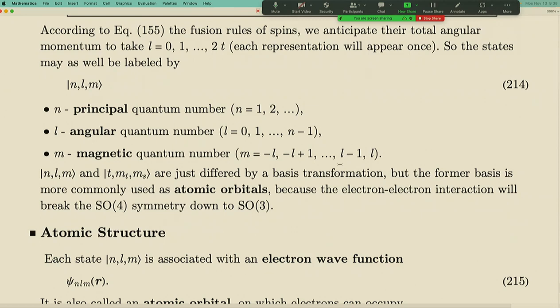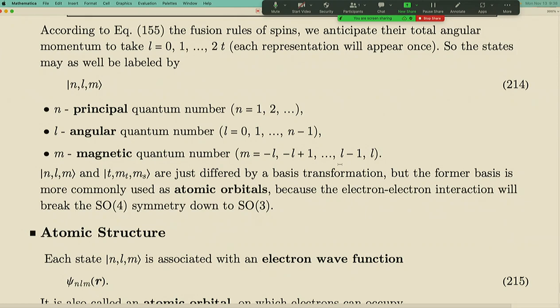Those splittings separate states with different magnetic quantum numbers. This is because even given the same angular momentum, the electron can still orbit around different directions, right? So if you set up a magnetic field, then certain orbiting directions will have a lower energy. For example, if your orbiting direction is along the magnetic field, it will have lower energy. Against the magnetic field, it will have higher energy and things like that. So that's why these names are given in this way.